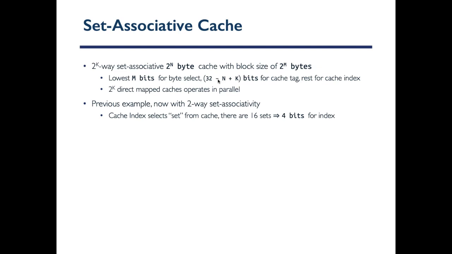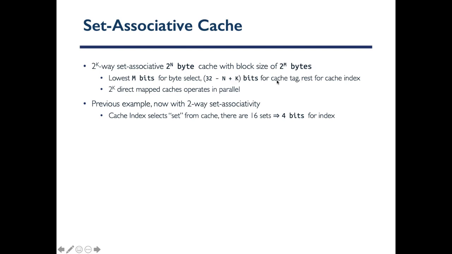Because I have a 2 to the k way set associative cache, it means that each set has 2 to the k blocks in it. So that means that I need 32 minus n plus k bits for the cache tag.